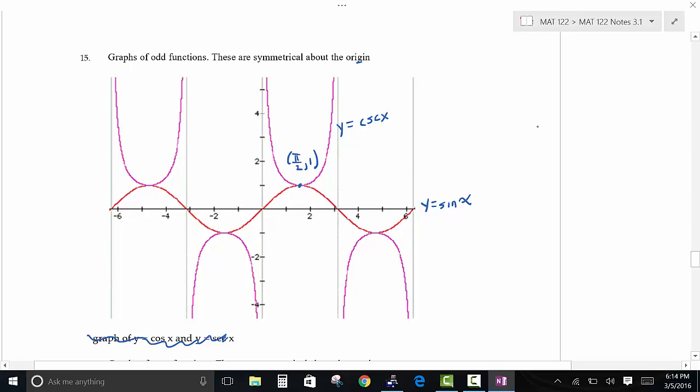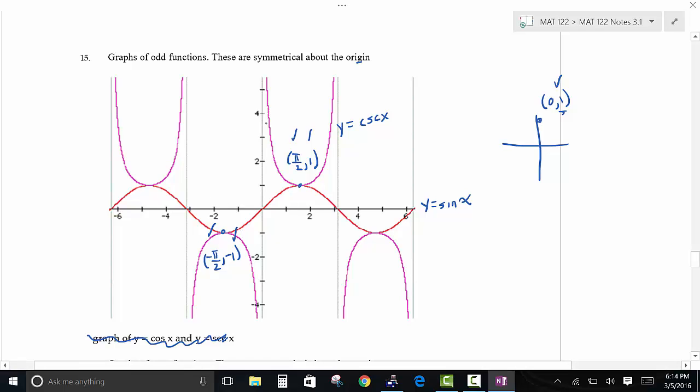On a unit circle, at pi over 2 you have the point 0, 1. The sine is the y value, so it's 1. Notice also this point becomes negative pi over 2, negative 1. That's how odd functions work. Opposite x gives opposite y. So on both of these graphs, every point would have that kind of symmetry.